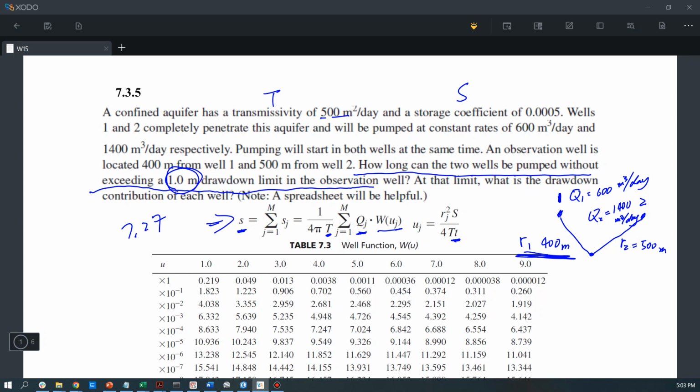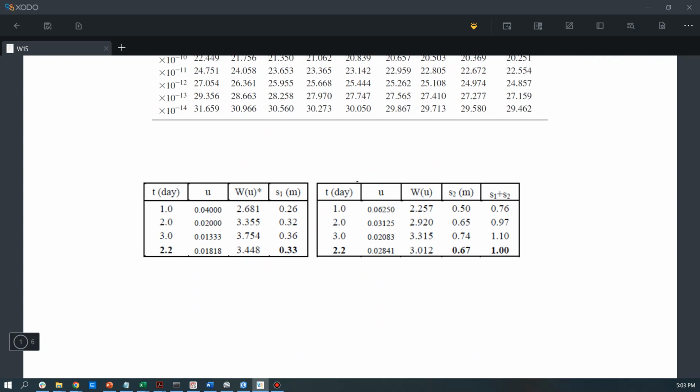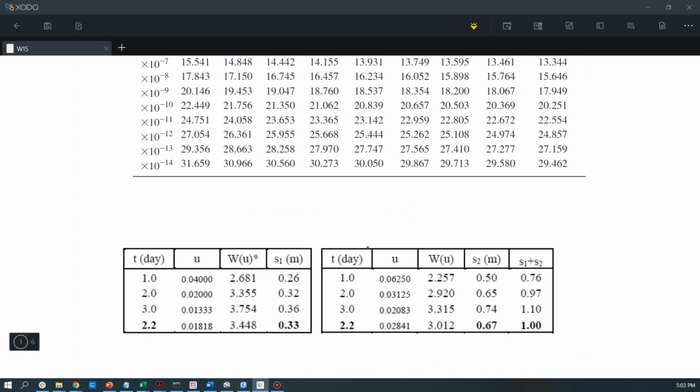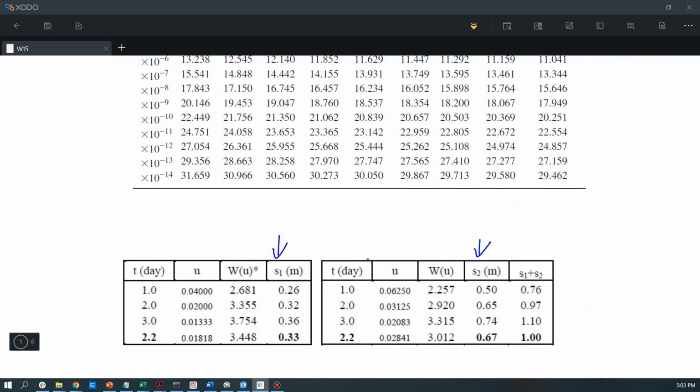So the only thing we don't know is the time t. What we can do is apply the equation here for well 1 and well 2. Here I try different time steps for different days, and we can apply this equation to calculate the corresponding u.